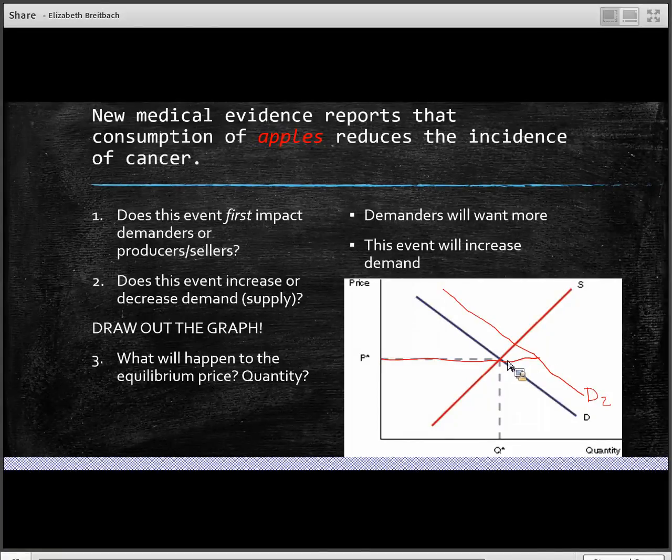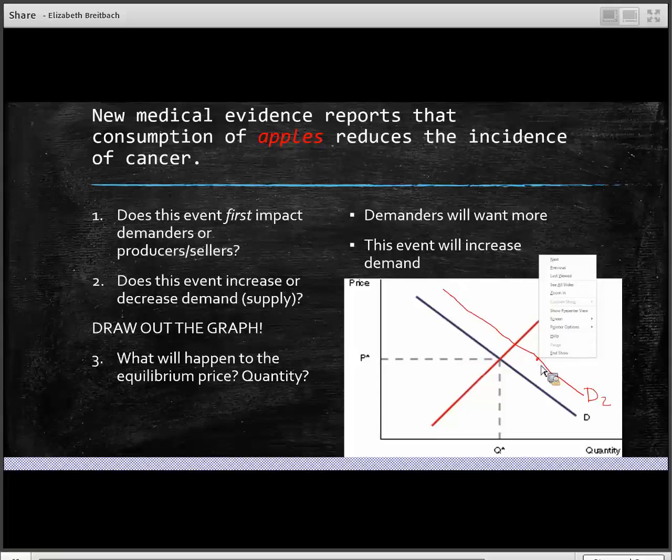All right, so what does this mean for the market? It means that we're going to see that the quantity demanded, which is right here, is greater than the quantity supplied, because our supply curve has not changed in this example.